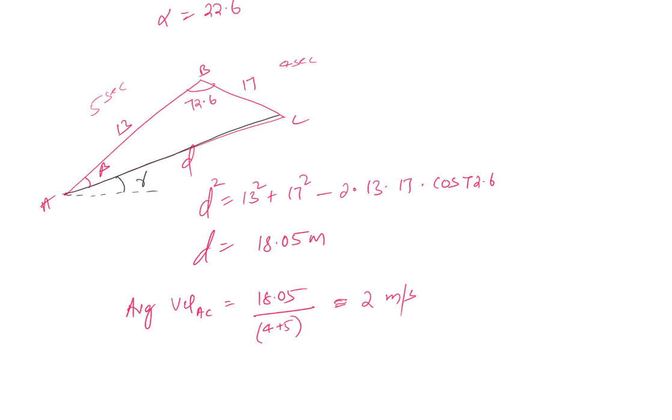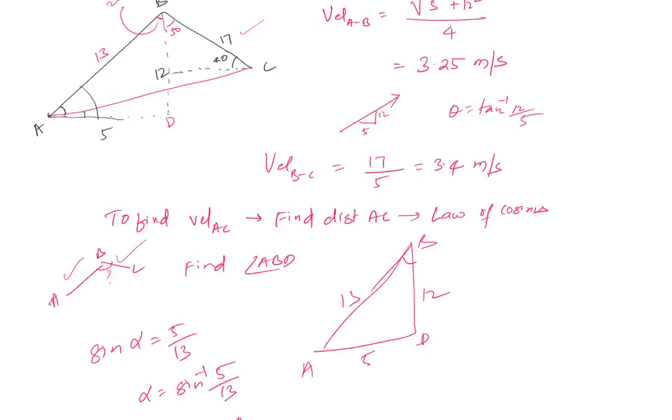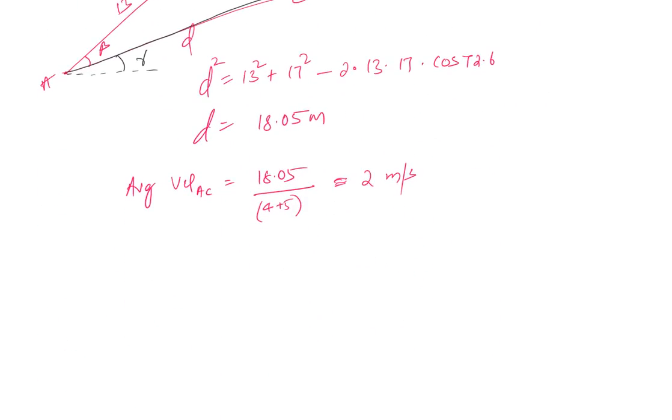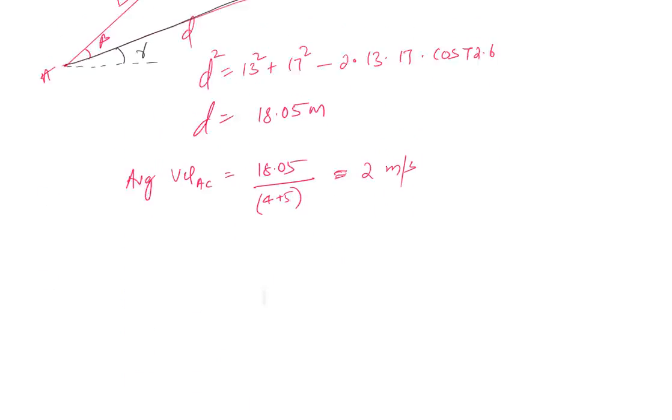That's why we've got to find beta first, this angle, and then we can find this angle from here. So right now it's a simple matter of geometry. If we find this angle and then subtract it from this angle, which we can find from that triangle, then we get this angle beta. This angle beta, this angle gamma. All right, so let's go about it.